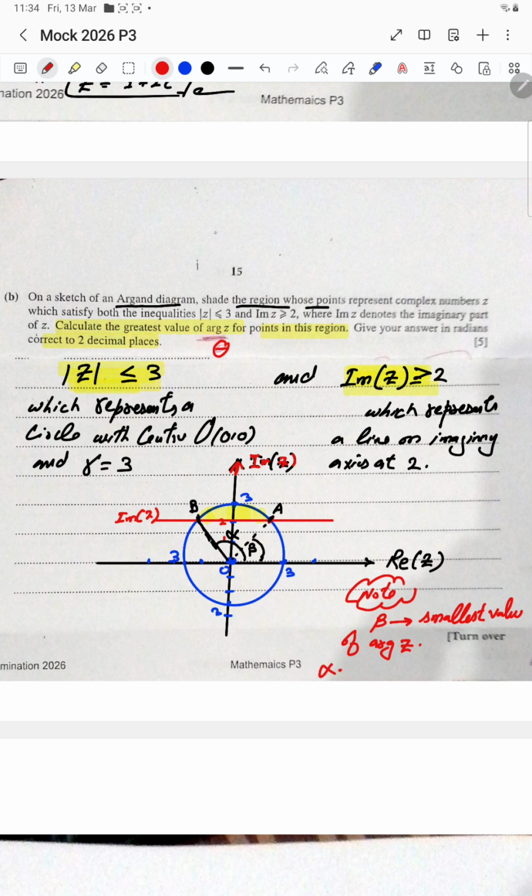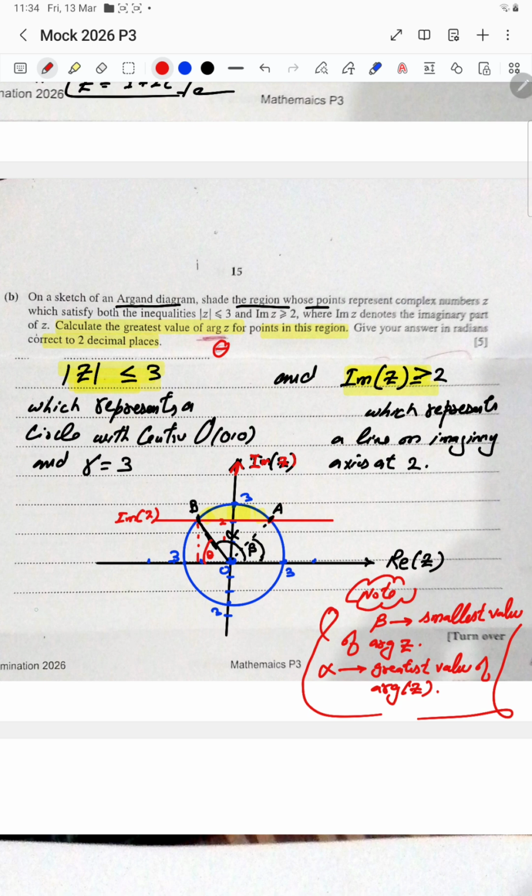Alpha represents the greatest value of argument of z, right? As we are asked for the greatest value, I will go for alpha, but for alpha I need to calculate this theta. Then it will be subtracted from 180 to get the answer.